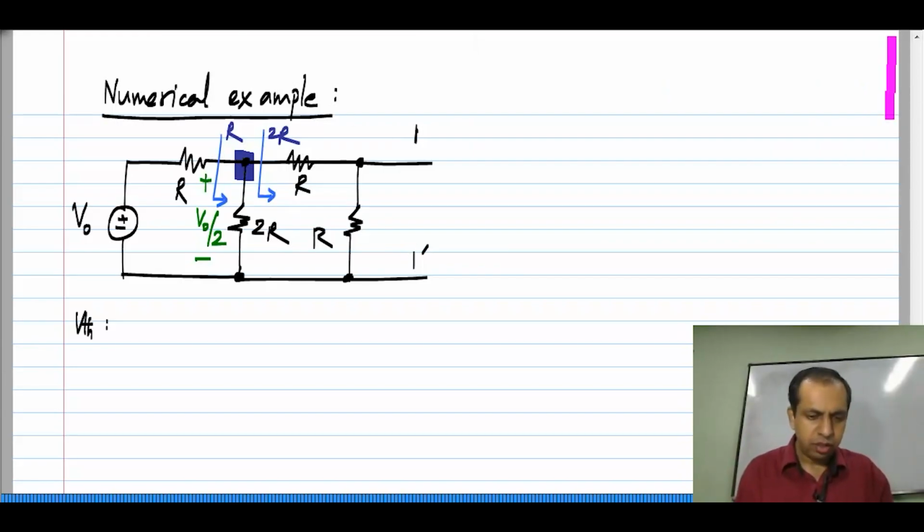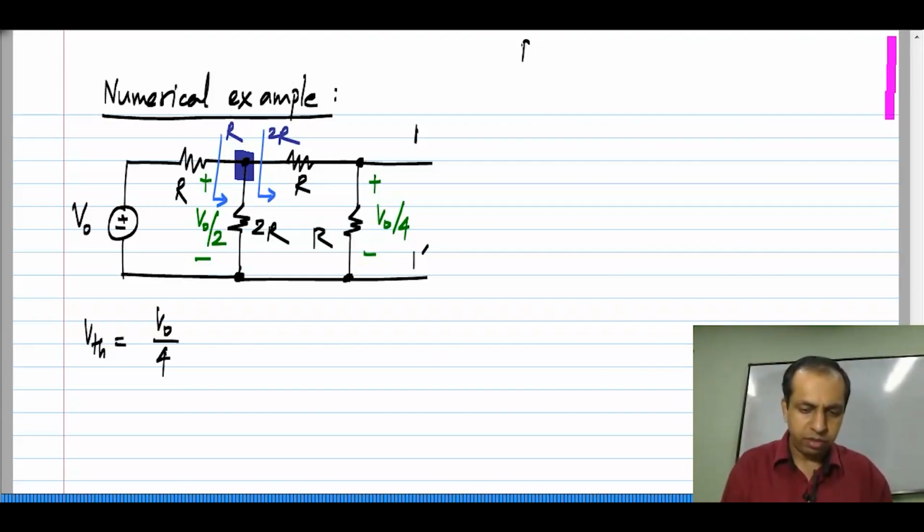Between that point and here again I have R and R, so the voltage that appears here will be V naught by 4. So, my Thevenin voltage VTH will simply be V naught by 4.